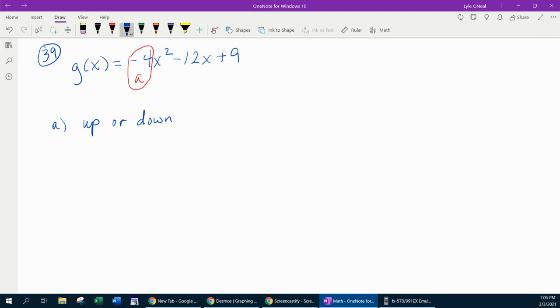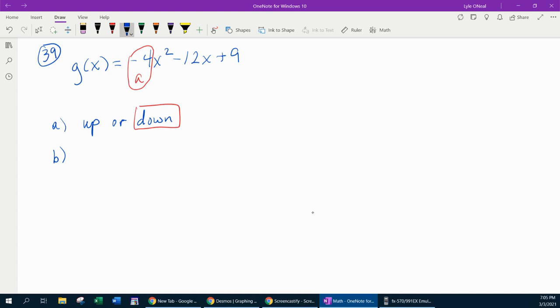So to determine if your parabola opens up or down, if a is negative, it's going to open down. If a is positive, it would open up. And now that we know that, the next easiest thing to find is whether the parabola has a minimum or a maximum value.